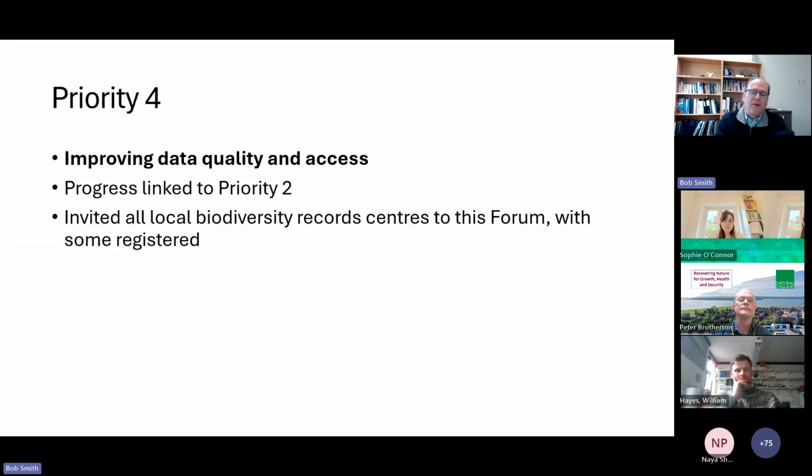We've invited all the local biodiversity record centres to the forum, and it's great that some of them are attending today, to get their involvement, because as we all know, data availability and data quality is a massive issue in England. Despite the incredible expertise and the amazing data sets, there's definitely a need to look at how we can best inform spatial planning going forward.